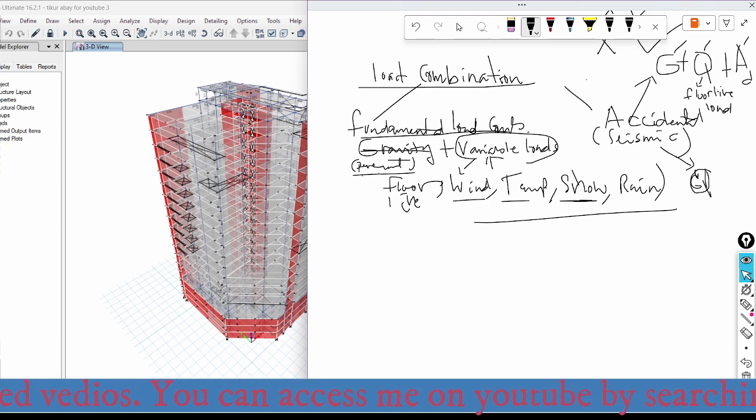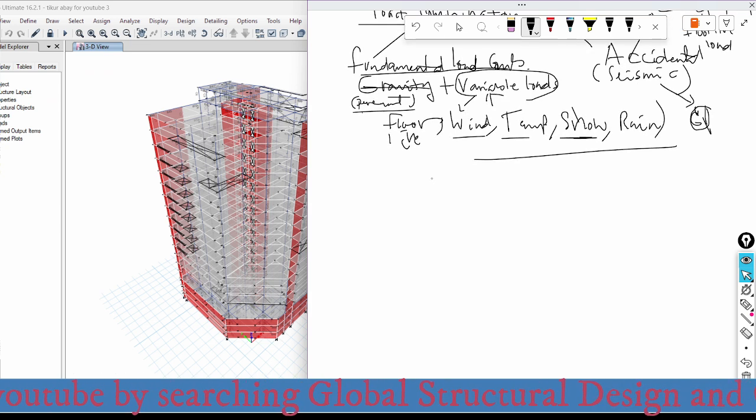So having all this in mind, the Ethiopian Building Code of Standard and the European Building Code of Standard recommend us to use the seismic combination in the case of seismic condition, and we can use the fundamental load combination where there is no seismic action.